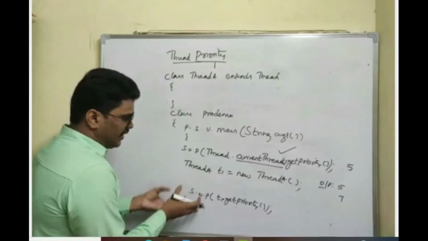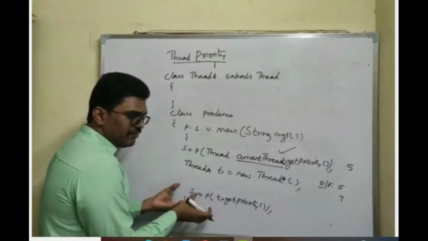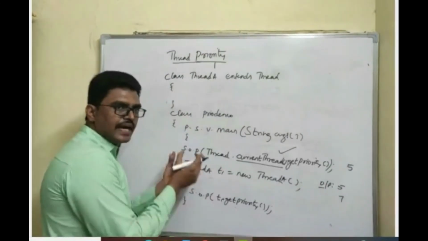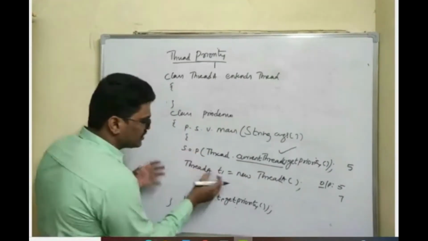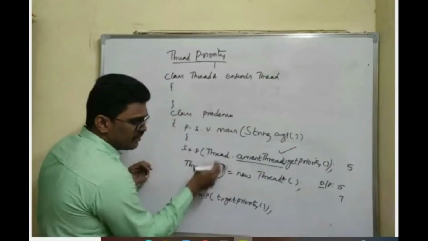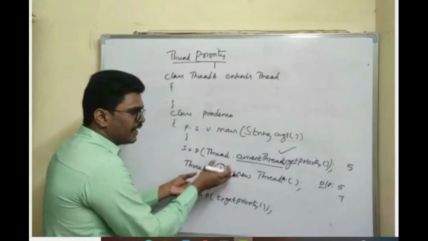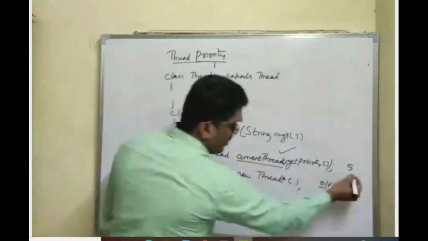The child thread will always acquire the priority of the main thread. This is the child thread which is there in the main thread. It will acquire the priority of the main thread. Main thread priority is what? 5.